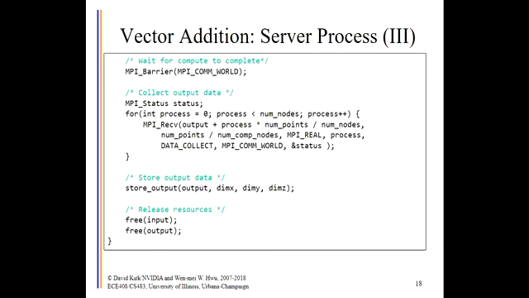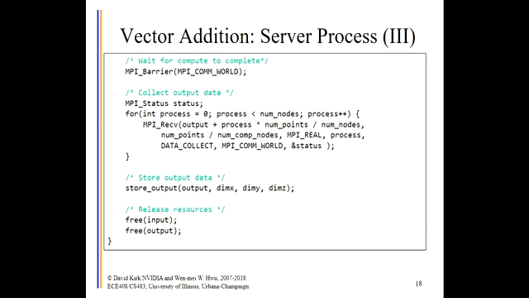After we finish sending all the data out, the data server is going to wait until the compute nodes finish their work. This is done with MPI barrier. Basically, everyone involved in this communication group has to eventually call this function so that everyone arrives at the barrier before they can continue.